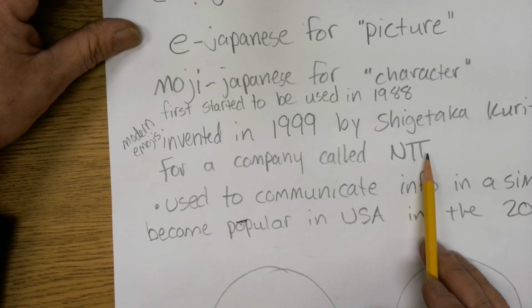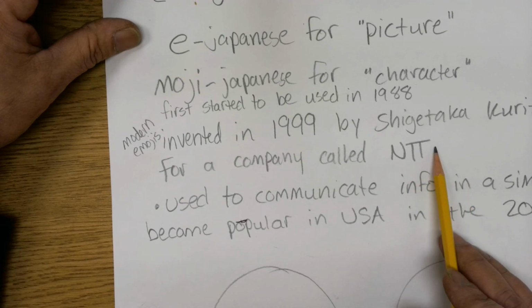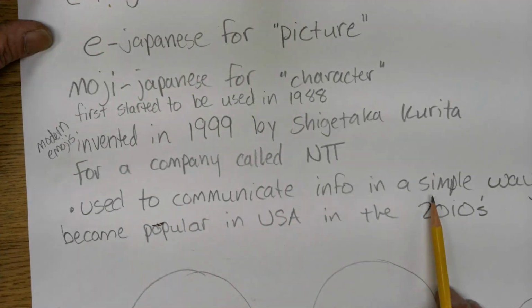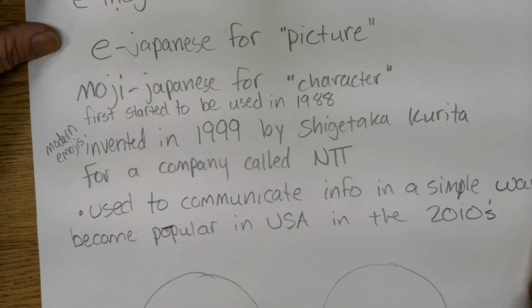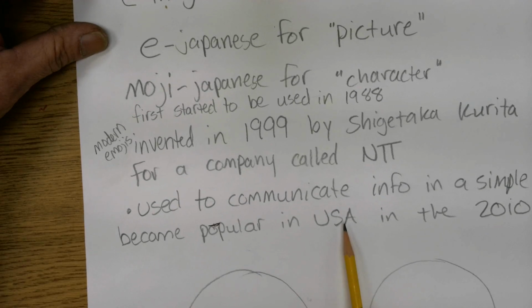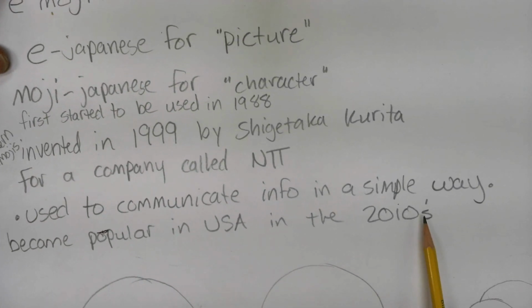And they are still around. They develop different software for mobile applications and used to communicate information in a very simple way. And they started being used in the United States more and more and became much more popular in the 2010s.